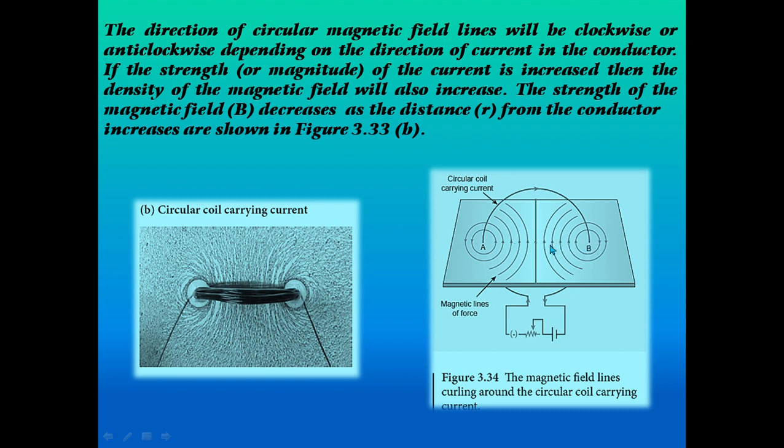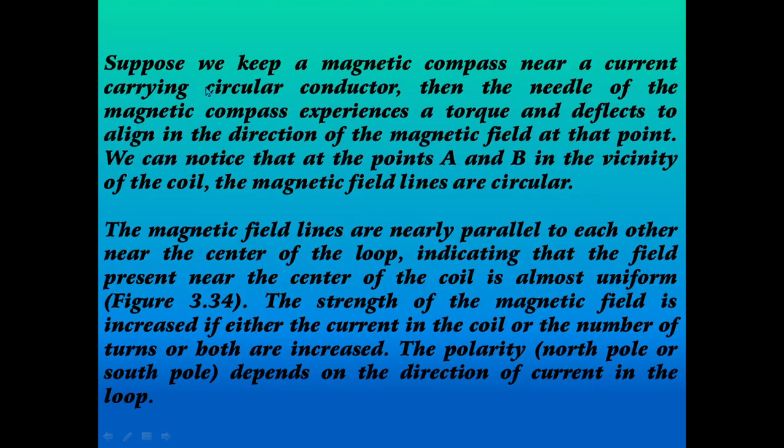Next, suppose we keep the magnetic compass near a current carrying circular conductor, then the needle of the magnetic compass experiences a torque and is deflected to align in the direction of the magnetic field at that point.